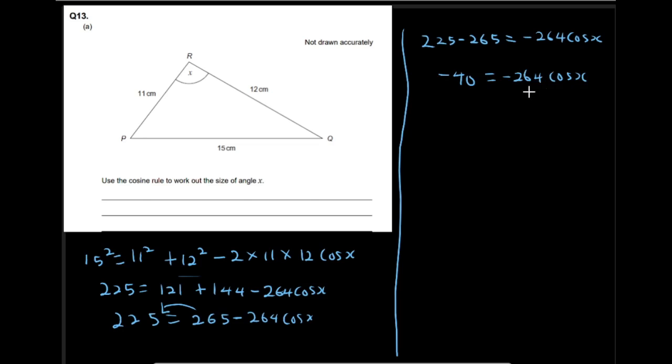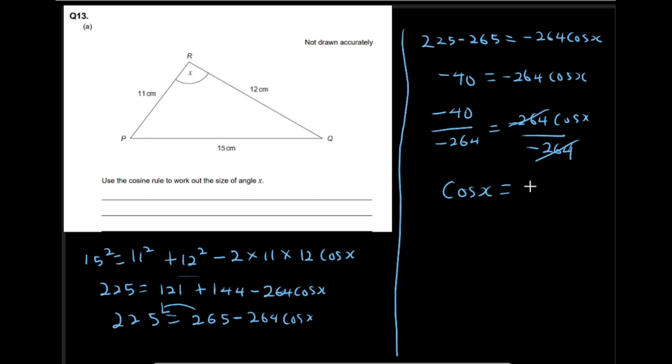So divide both sides by minus 264. That gives us minus 40 over minus 264 equals minus 264 cos x over minus 264. This will cancel, and we have cos x equal to 0.151.